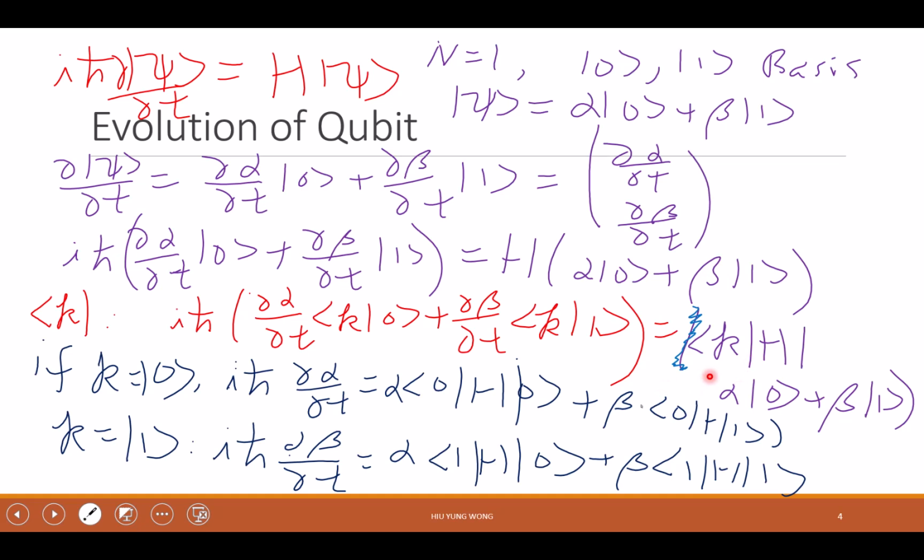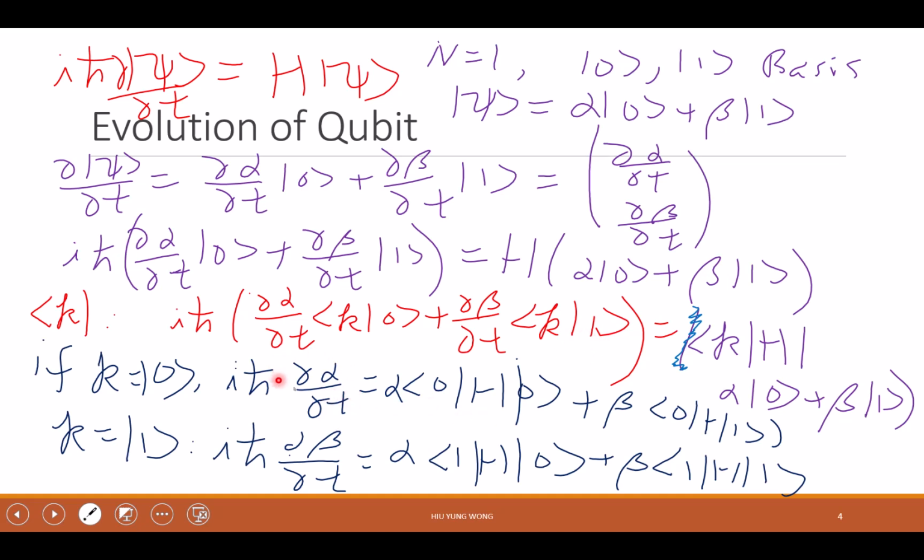Okay? Now I do it case by case. What if k equals 0? It's up to me, I decided to apply <0|. Then <0|0> is 1, so I keep the partial alpha partial t term. <0|1> is 0 because again we are dealing with an orthonormal basis, right? So 0 and 1 are orthogonal to each other.